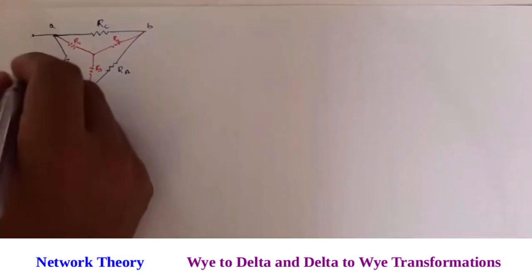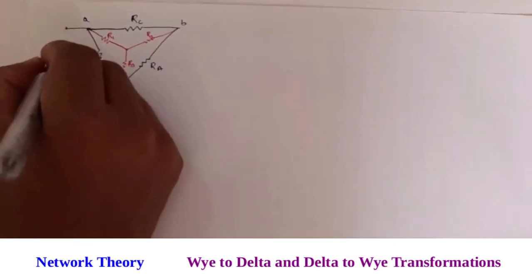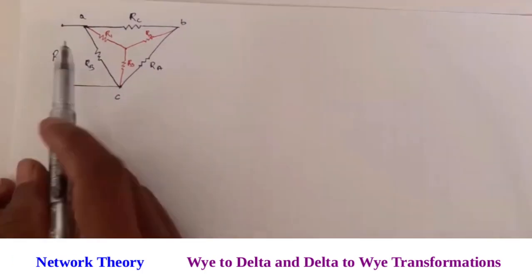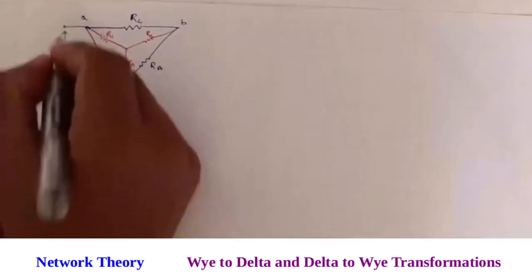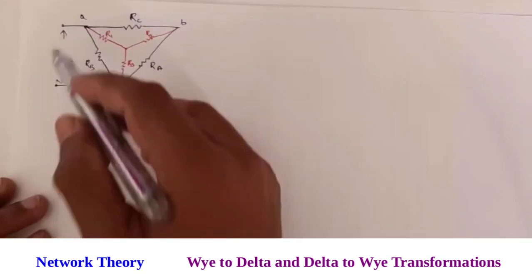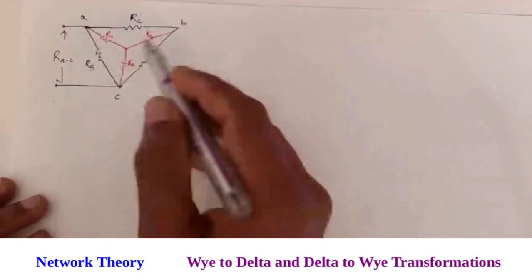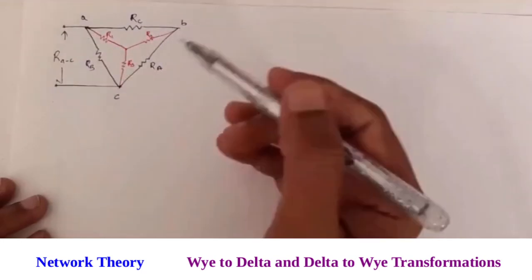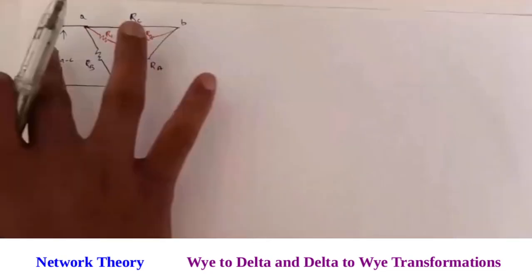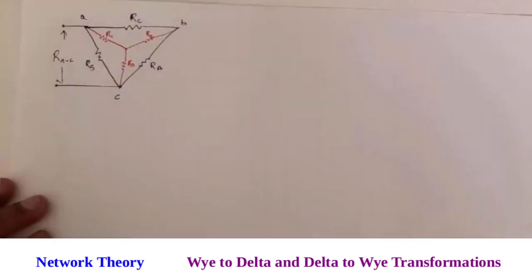The resistance between these two terminals for the delta network and for the Y network should be equivalent. Likewise, the resistance between C and B and between A and B should be equivalent.